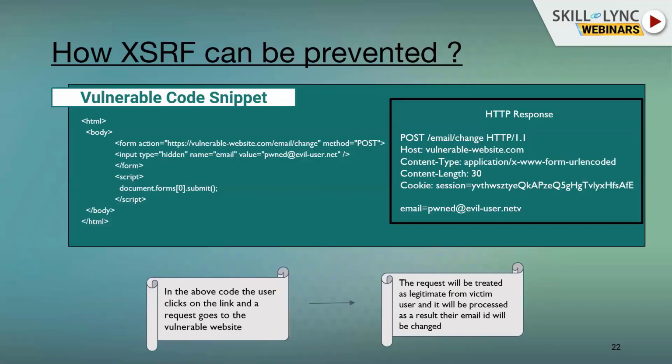This was a very predominant attack, and has cost organizations a lot. Here is a vulnerable code. It's just a same HTML page, but there is JavaScript embedded into it, and this vulnerable code is changing the email address to the malicious email address of the hacker.